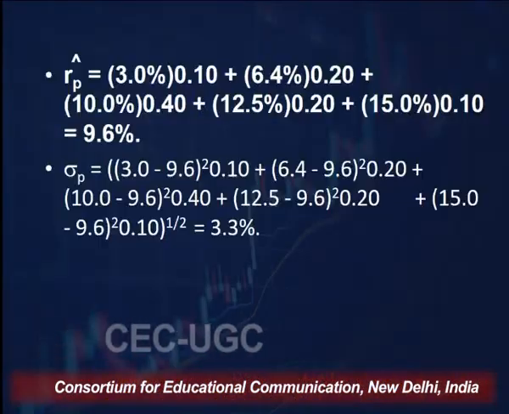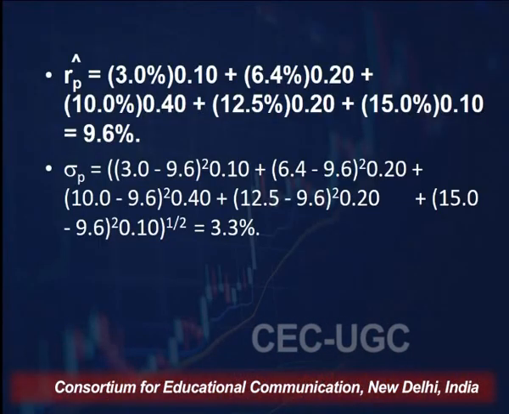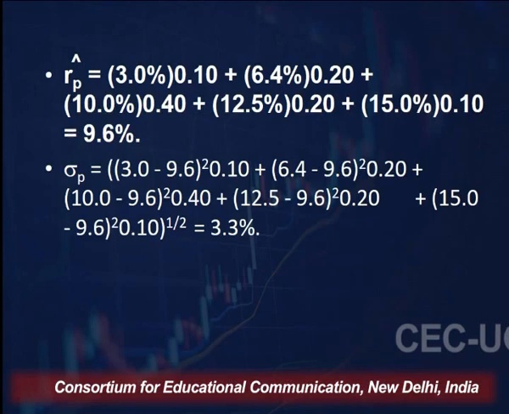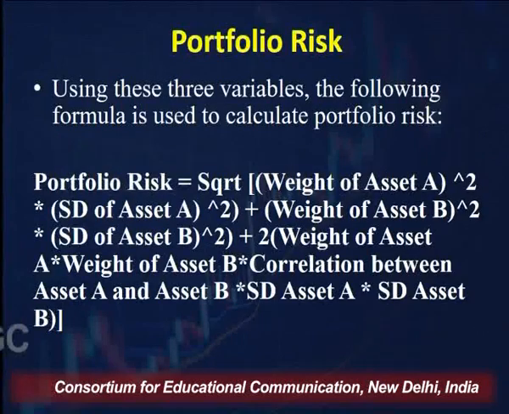Now let us try to calculate what is the expected risk, because when you are investing, understand that there is a certain amount of risk which is attached to all the securities. Now here, because you have chosen to invest only in security A and in security C, we have done the calculation accordingly. Here, as you can see, we are calculating the portfolio risk using the formula as I am just showing you.